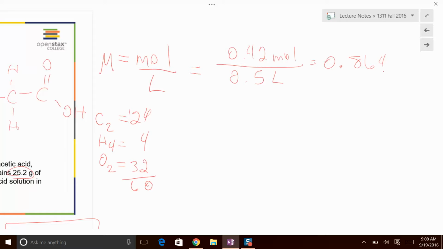Is there a consensus on that? Oh, did I write it wrong? 0.84. Okay, good. And that's good because that's really what the vinegar you buy at the grocery store is. It's about a 0.84 molar solution. Okay? All right.